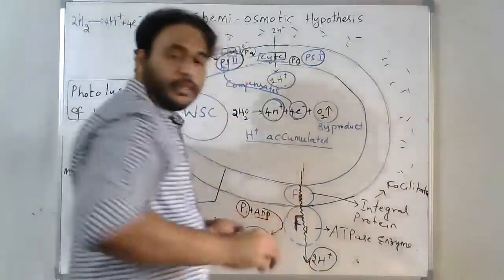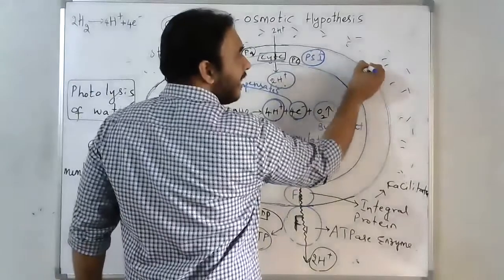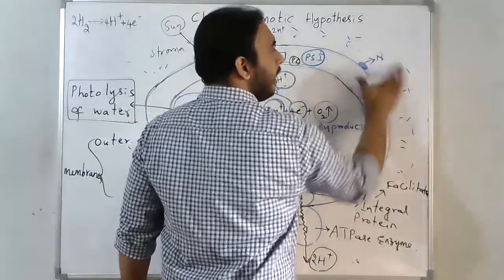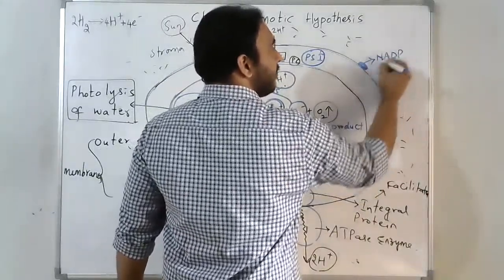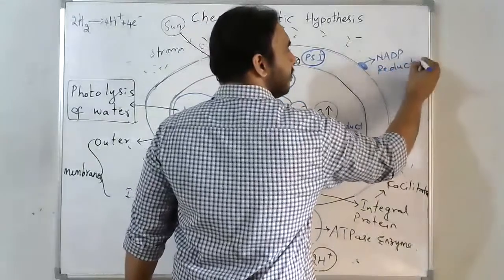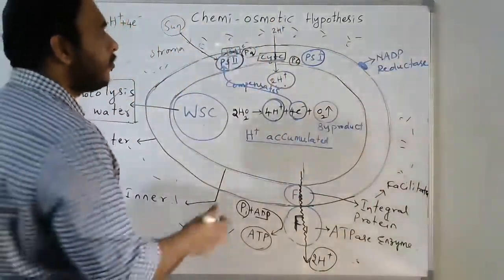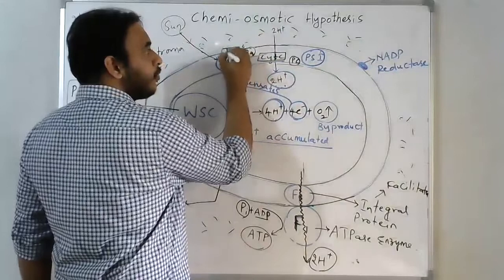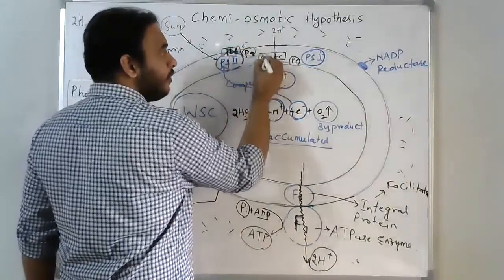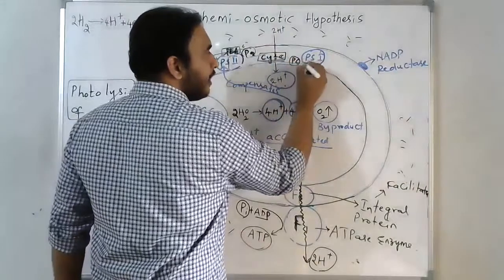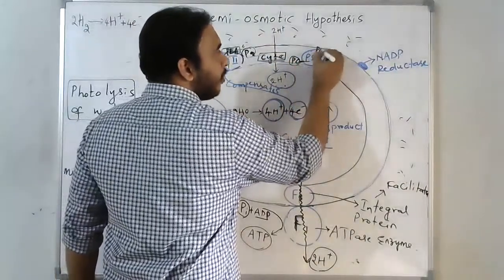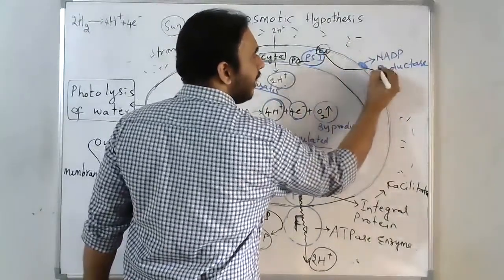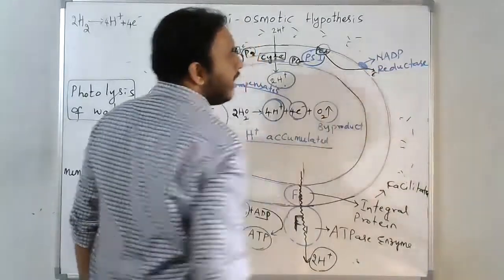And here there is one extrinsic enzyme, NADP reductase. The electrons from PS2 are first taken by the primary electron acceptor, then plastoquinone, then cytochrome, then plastocyanin, then finally photosystem 1, and then again a primary electron acceptor, and then the electrons reached NADP.